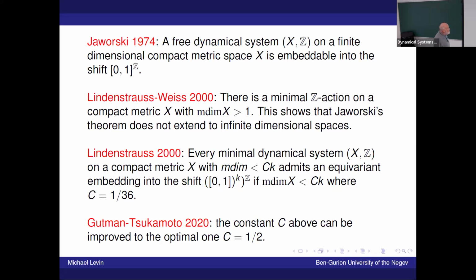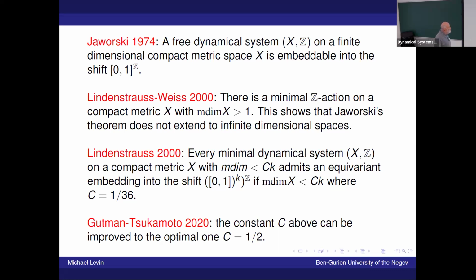And the constant C determined by Lindenstrauss, maybe it was not the optimal one, but anyway, it can be slightly improved, but that's not the point.